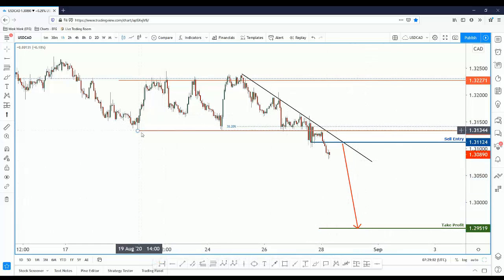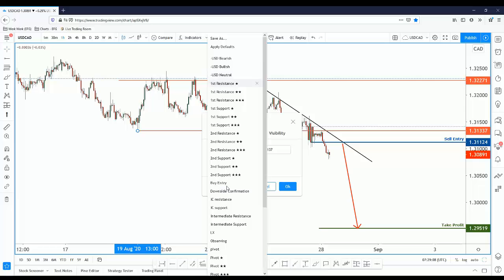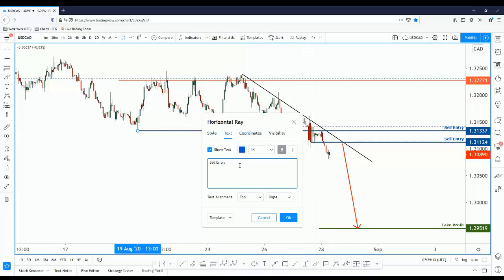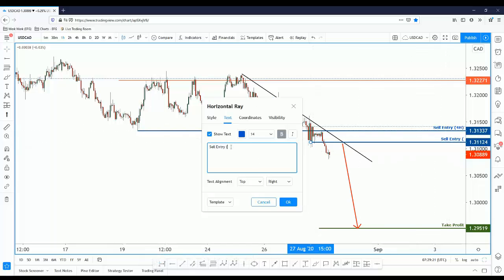The other way of doing it is really to wait for price to come back and retest this graphical area that you are looking at. So we have two sell entries. One is on the 4 hour chart for those who really want to eradicate the noise, this kind of whipsaw, and then we have a sell entry for the 1 hour, which is really the intraday.